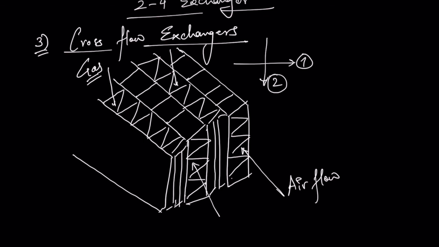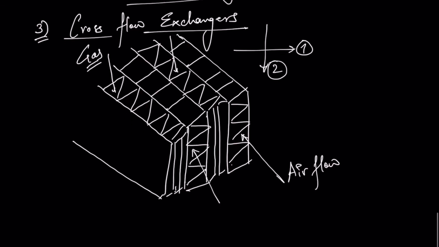So you see the gas and the air are flowing at a right angle to each other, and the gas that is flowing is not mixed with the air. So one gas is flowing in the first chamber, and another gas is flowing in the other chamber. These two gases are not mixed, they are unmixed.